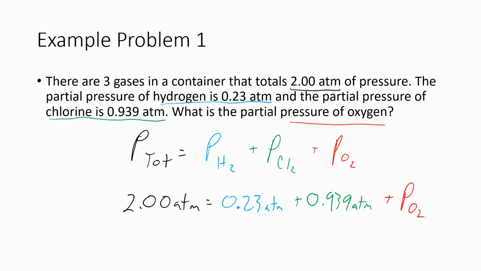So anything that's not from chlorine or hydrogen must be done by oxygen. And so we just take 2 and subtract the 0.23 and the 0.939, and we get 0.831. So PO2 must equal 0.831 because then when you add up all those, you get 2 atmospheres.